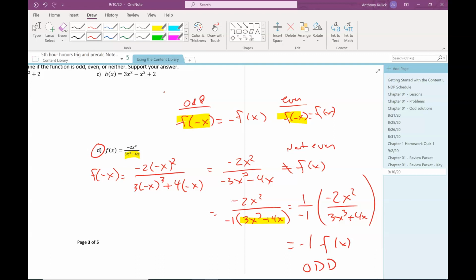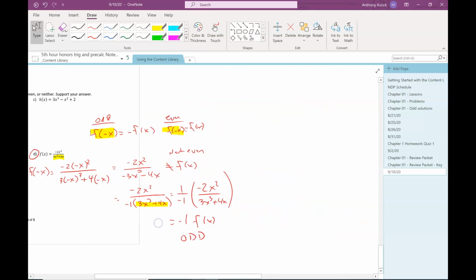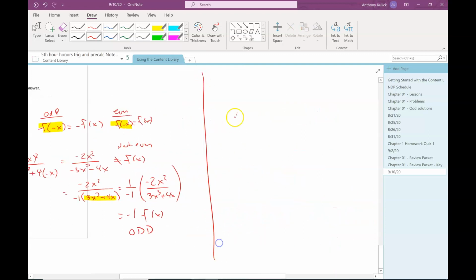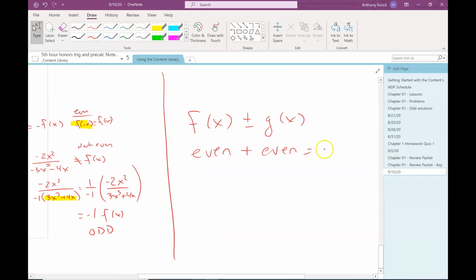As an aside, talking about this odd-even part, you guys remember how we said if we had a polynomial, or really the sum or difference of two functions, an even function plus another even function is even, and an odd function plus or minus another odd function is odd.